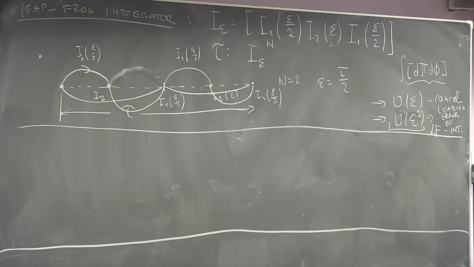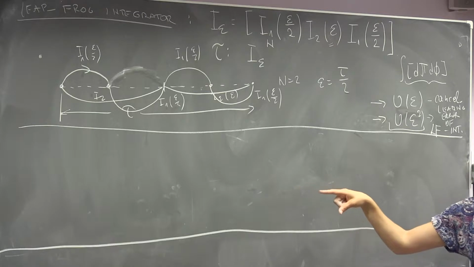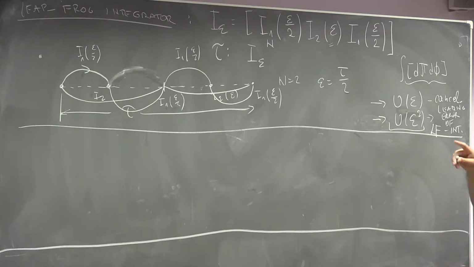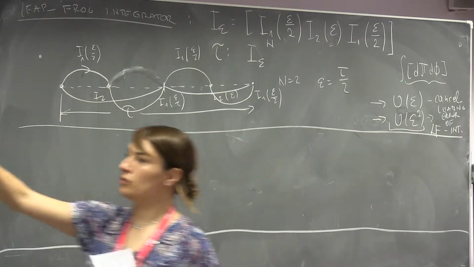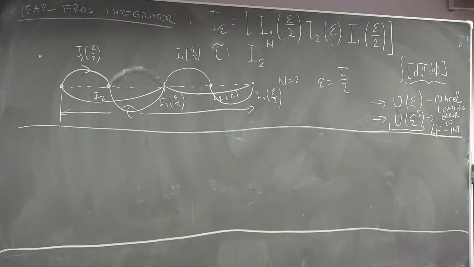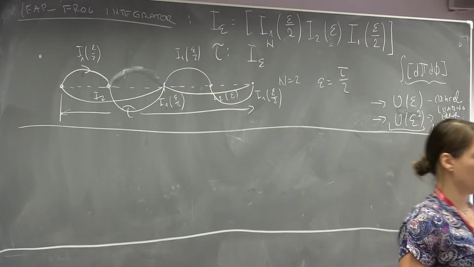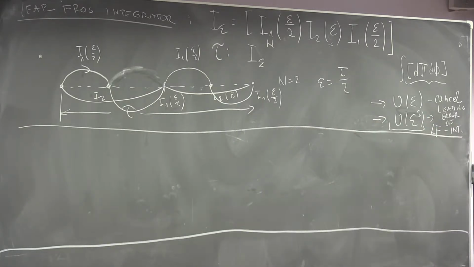So your integrator has to satisfy both in order for these 3 steps to actually give you configurations distributed according to the original Boltzmann weight that we wanted to have, so e to the minus S of phi.